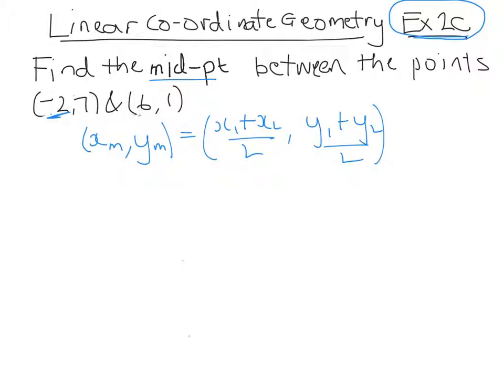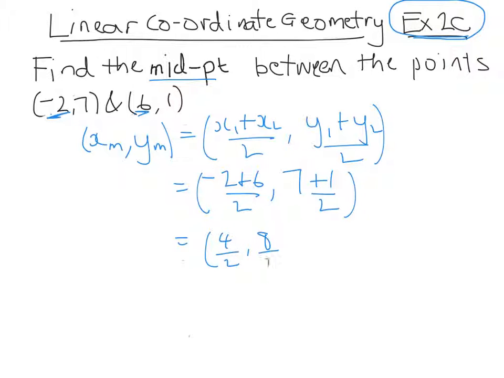I'll put them in: minus 2 plus 6 over 2 and 7 plus 1 over 2. That means 4 over 2 and 8 over 2, which simplifies to 2, 4, and that's the midpoint. So halfway between this point here and this point here is this point here.